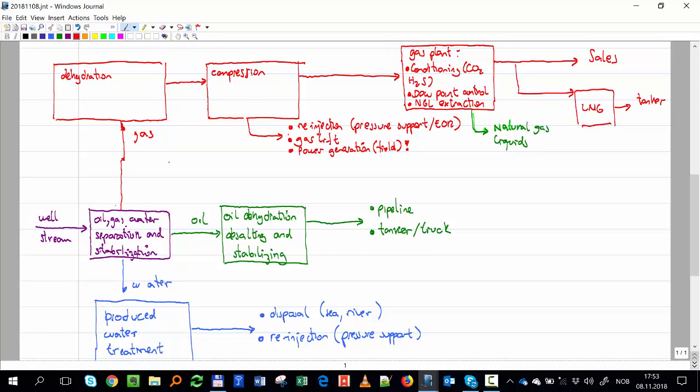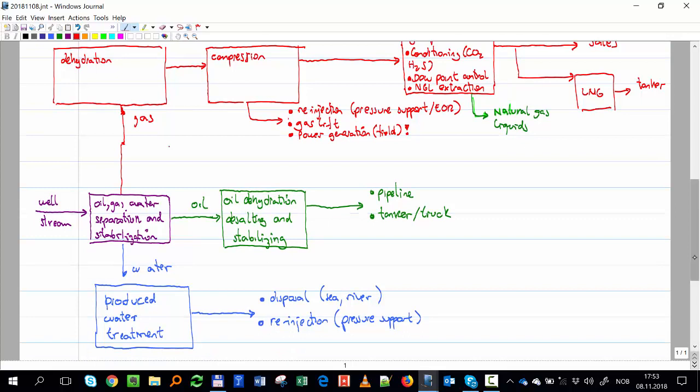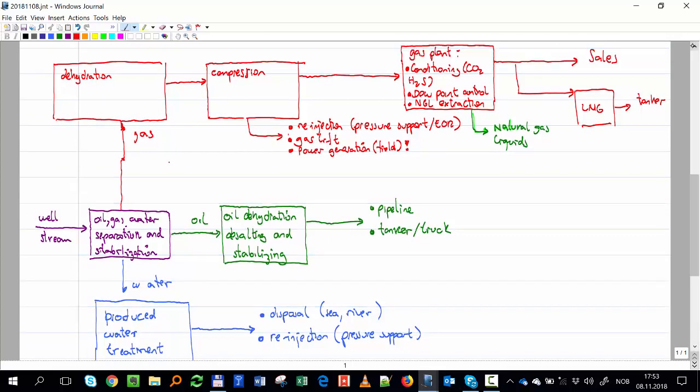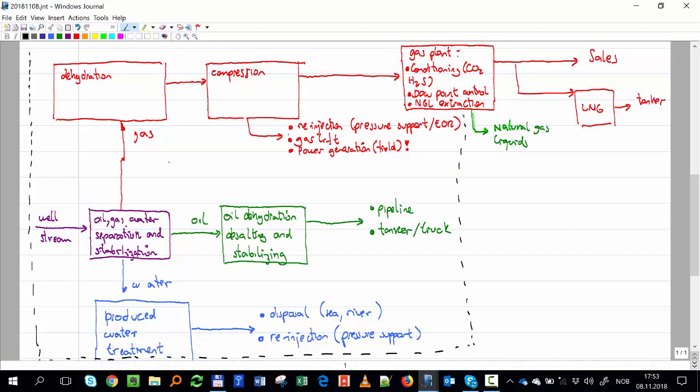Oh yeah, one more thing. What we have offshore, I don't want to spoil the figure, but let's see how we do it. What we have offshore is usually, I'm going to put it in black, all of that down to here, all of that up to here.